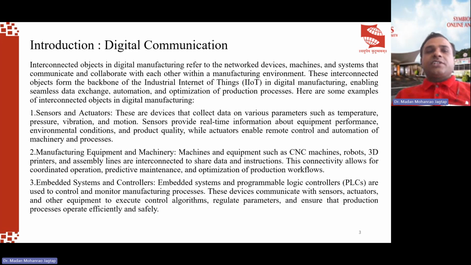What is digital communication and how can we achieve it? That is the first thing we will answer today. The interconnected objects in digital manufacturing refer to network devices. With the help of a network, we can connect devices, machines, and systems that communicate and collaborate with each other within a manufacturing environment.